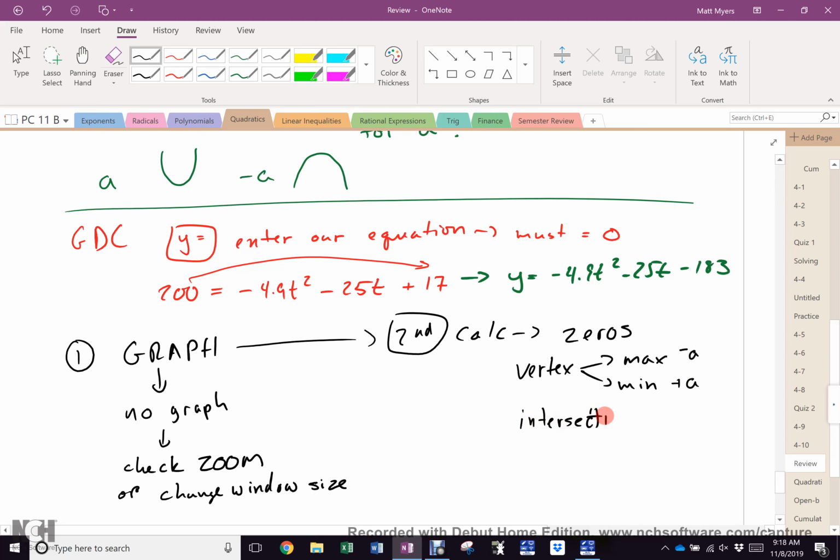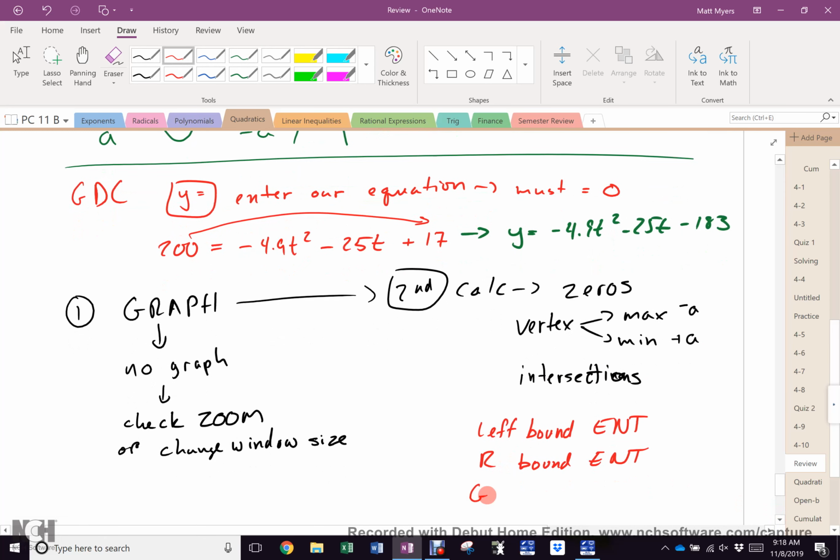If we have two lines on the graph, right? And we find almost all of them the same way. A left boundary, enter, a right boundary, enter, and guess, enter.